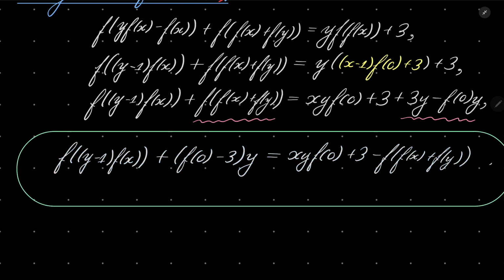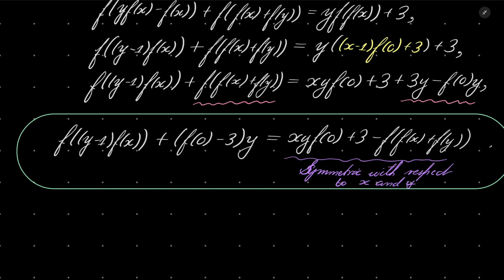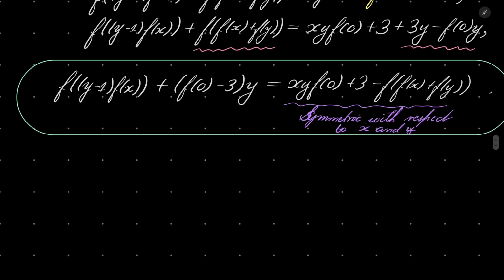Very well. What now? Well, notice the curious fact. The right-hand side is completely symmetric with respect to x and y. What do I mean by that? Well, if I change x and y, I have exactly the same expression. So the left-hand side must be symmetric as well. So I can change x and y on the left-hand side, and the result should stay the same.